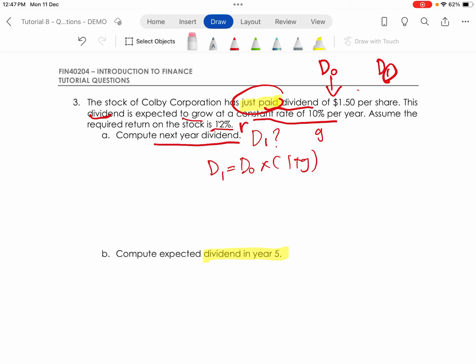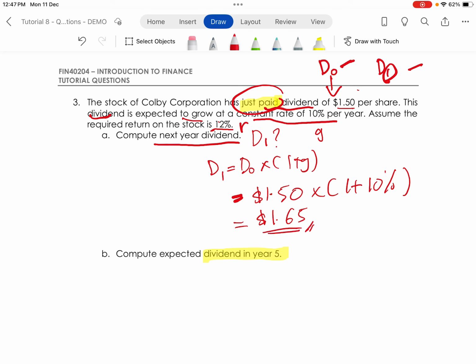Remember, in my question I will either give you D0 or D1. Since this is D0, D0 is 1.50 multiplied by (1 plus the growth rate of 10%). Then you calculate this, you will get 1.65, meaning next year you will receive a dividend of 1.65 per share.